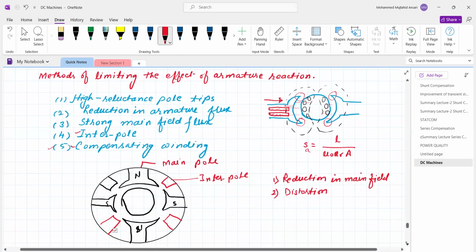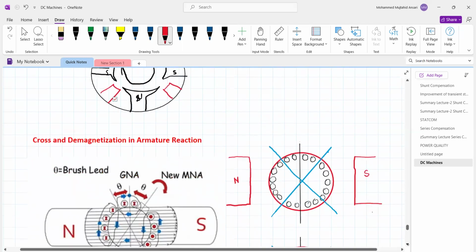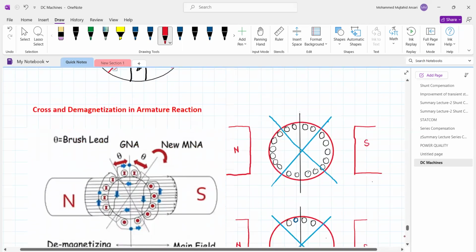So this is the meaning of the compensating winding. Now, in this topic, we are going to estimate how many conductors or coils produce the cross magnetizing effect, meaning they disturb the main magnetic flux, and how many conductors or coils produce the demagnetizing effect.